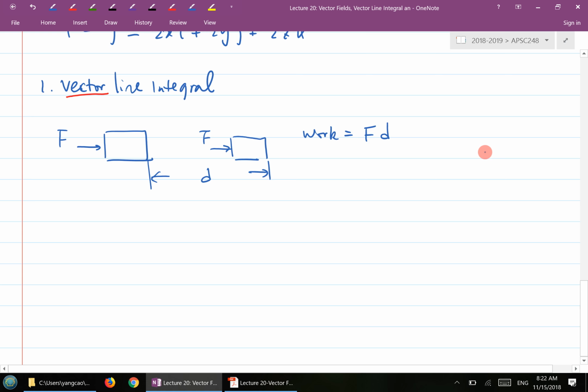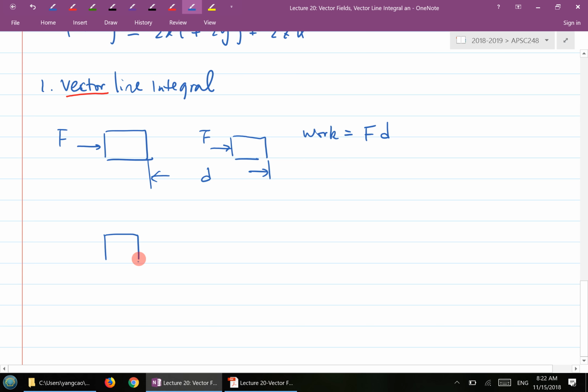Now you can easily extend this question to a slightly more difficult level, but this time the force is not a horizontal force anymore. It's tilted by an angle of theta, and the same target is pushed by a distance of d.